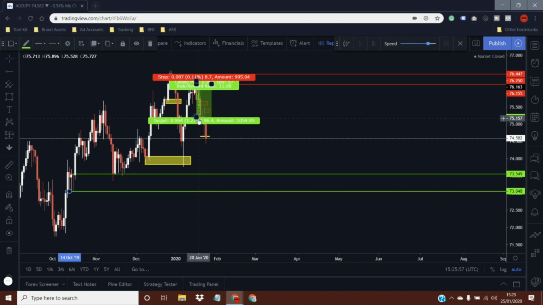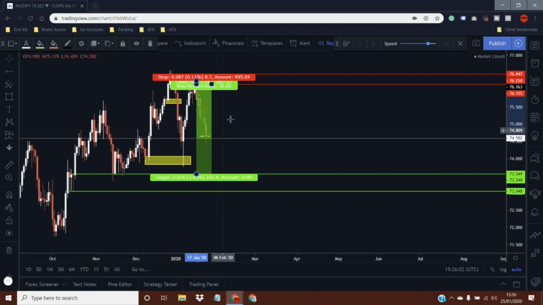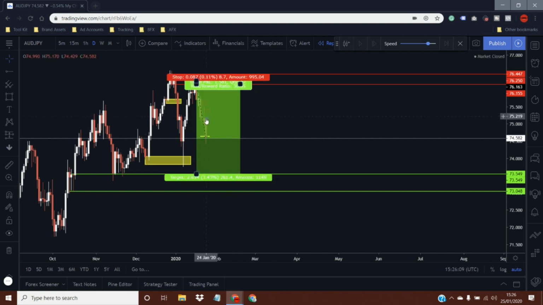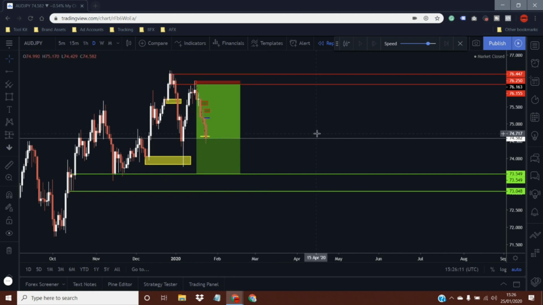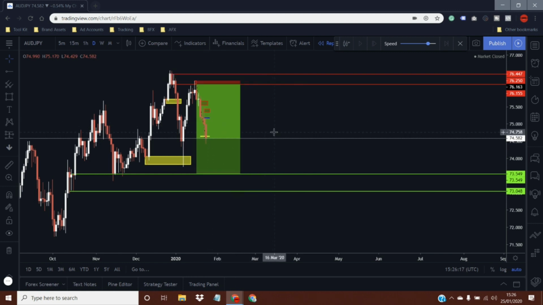But really, I would potentially be targeting this area here for a total of 30 times risk. We've got some big pullbacks that we've seen already, so I'd potentially be targeting that.